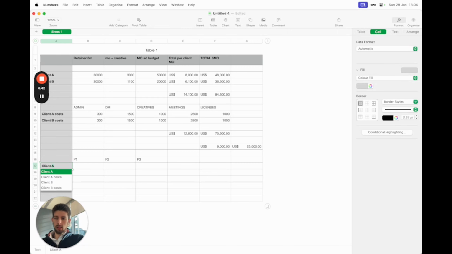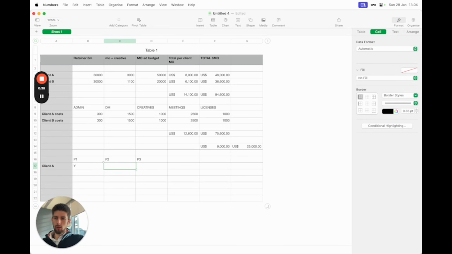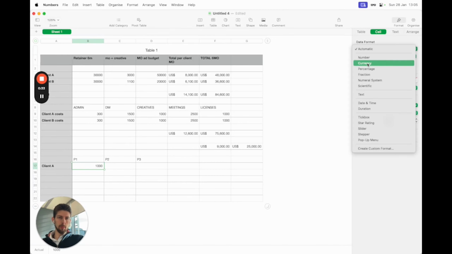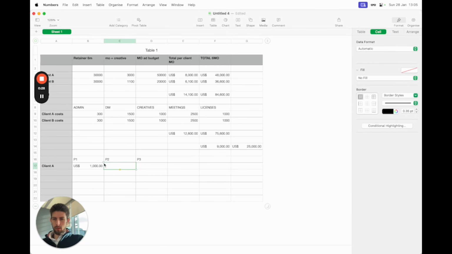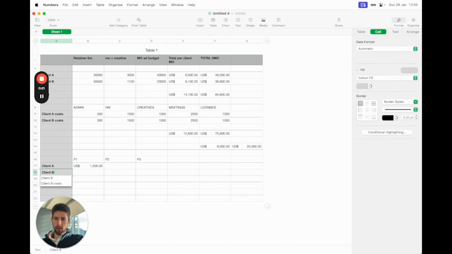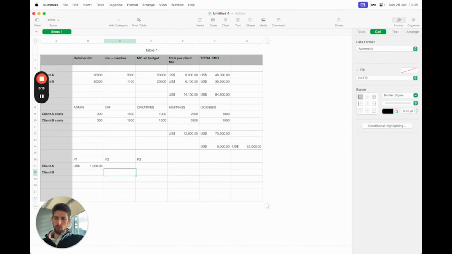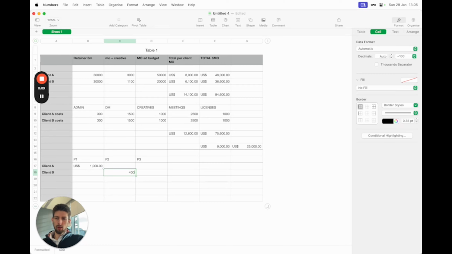Client A says yes to this one. Says yes to yes, no, and yes, it means £1,000. Or dollars, irrelevant currency, works everywhere, same. And now client B says yes to product 2, which is, let's say, some sort of SEO thing, and we get 250, or let's say 400 net on this.